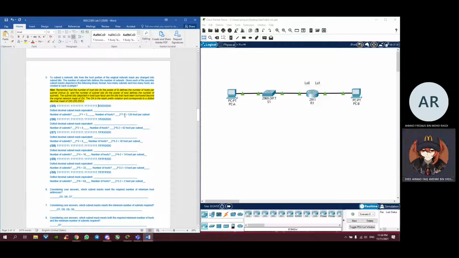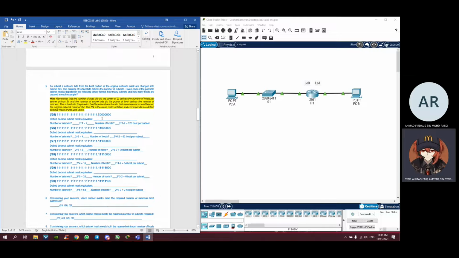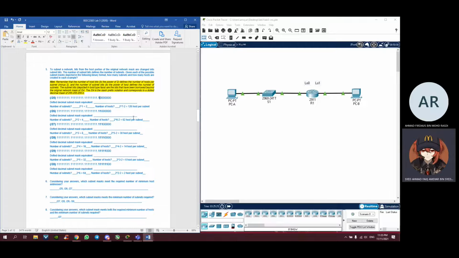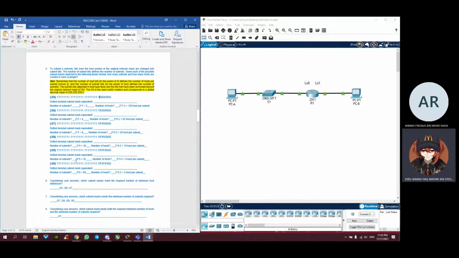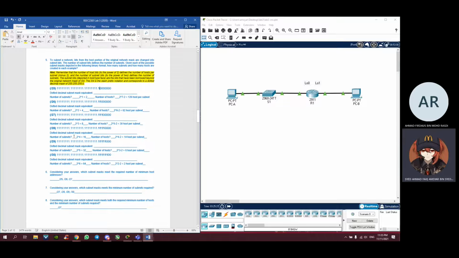And then the number of hosts is 7, because the total is 8 and then minus 1, which is the subnet bit, we get 7 host bits. Then the formula 2 to the power of 7, don't forget we also need to minus 2, which is equal to 126 hosts per subnet, and so on with /26, /27, /28.